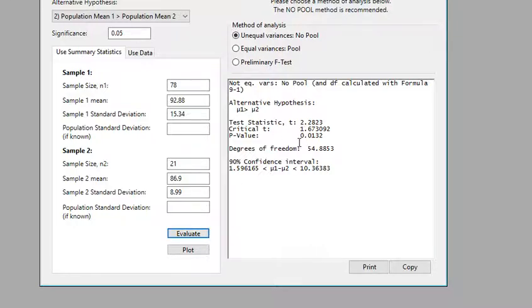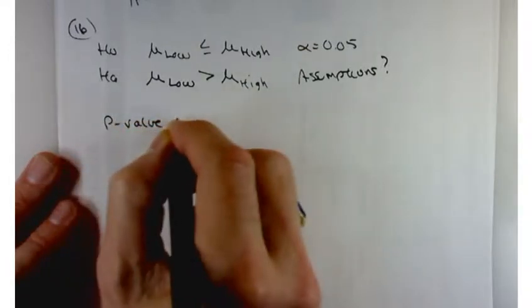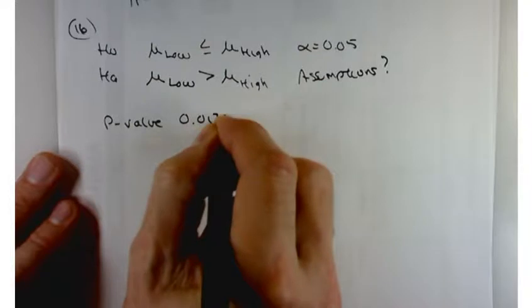Test statistic, critical value, p-value. That's what we're looking for, 0.0132. So the p-value, 0.0132.